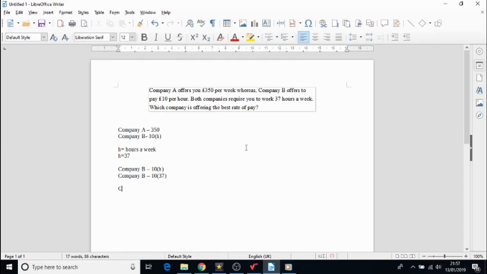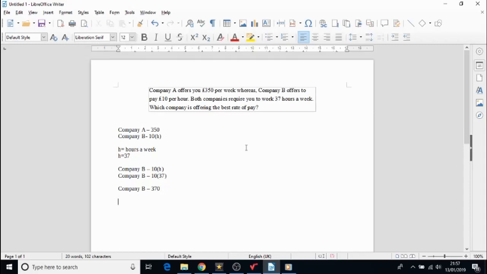Therefore, Company B are paying £370 a week compared to Company A, which are paying £350 per week.